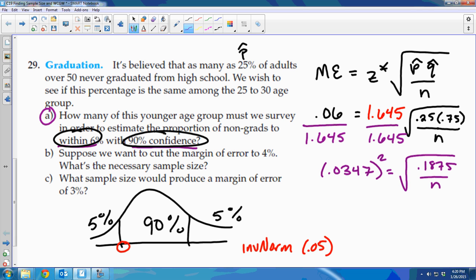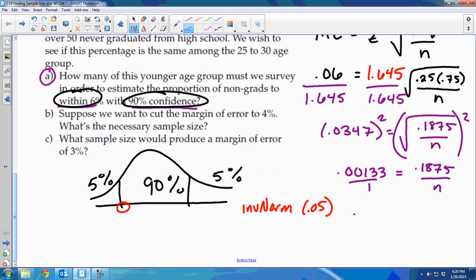So now I need to square everything. I get 0.00133. That equals 0.1875 over n. So at this point, technically you're cross multiplying. You don't have to show every single little teeny step if you don't want to.